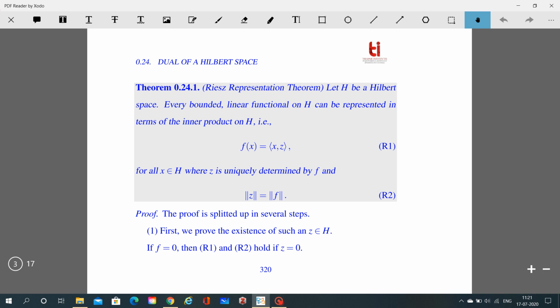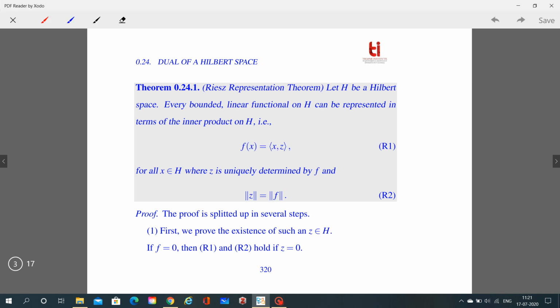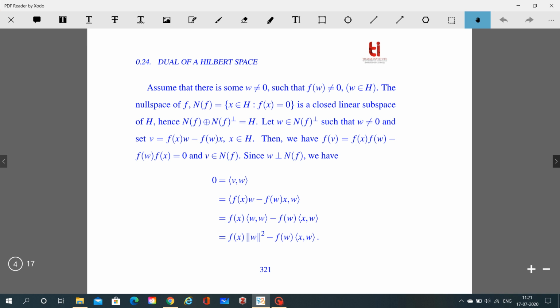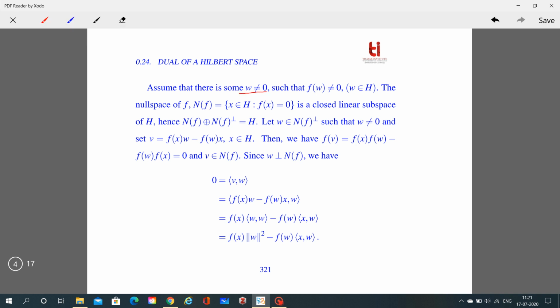If f is equal to 0, then these two equations hold if z is equal to 0. Otherwise, assume that there is some w, non-zero, such that f(w) is non-zero, where w belongs to H.